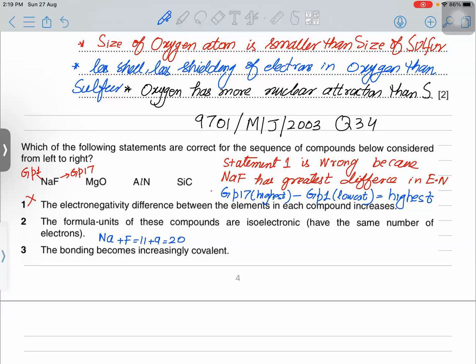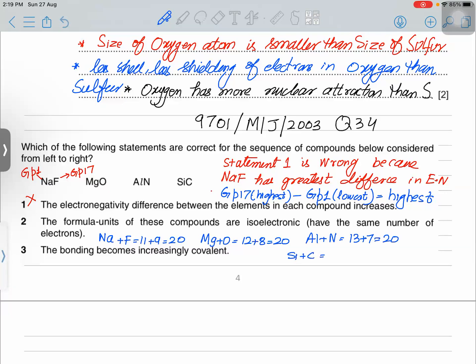So 20. Now magnesium plus oxygen: magnesium has 12 electrons, oxygen has 8 electrons, so again 20. Now aluminium plus nitrogen: aluminium has 13 electrons, nitrogen has 7 electrons, so again 20.